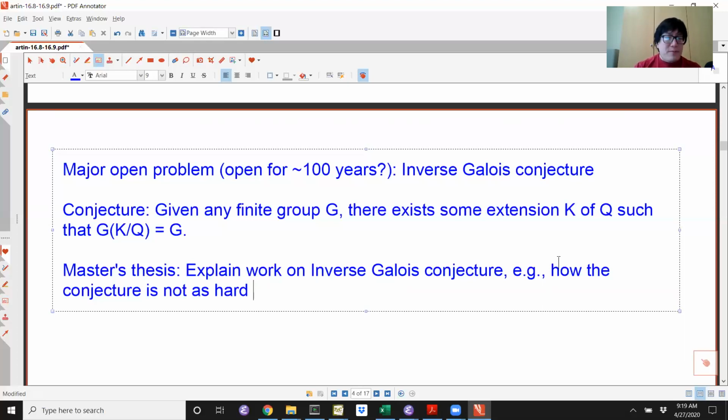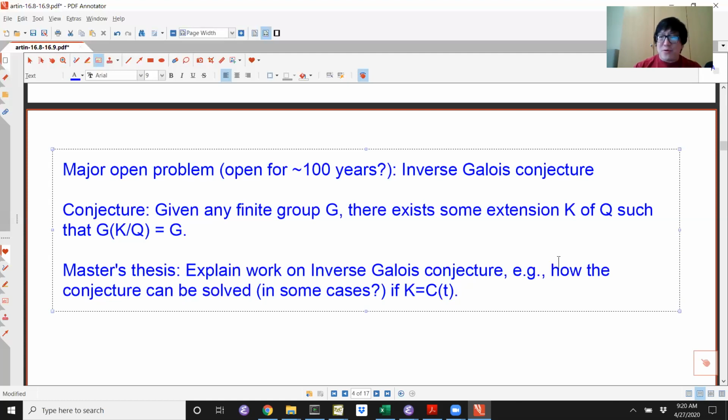Anyway, so master's thesis: explain how the conjecture can be solved. I can't remember this myself. Look, I feel brave about this, I'm exposing my ignorance on YouTube. In some cases, at least, if K is a function field. I think that's right.